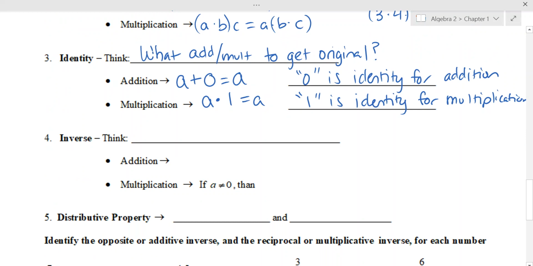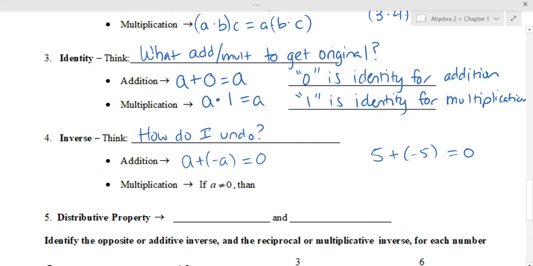You want to think about, how do I undo? And by that, I mean, what do I have to add to A to undo it? So if I add negative A, I've undone that addition, and I get 0. So if I have 5, I'm going to add negative 5, and I get 0. That is the inverse property of addition.